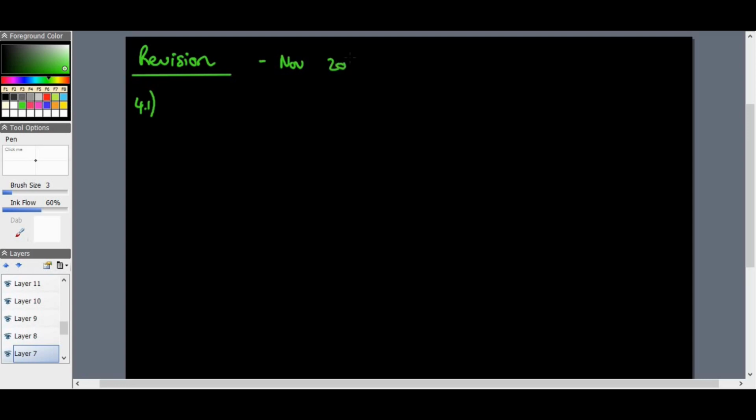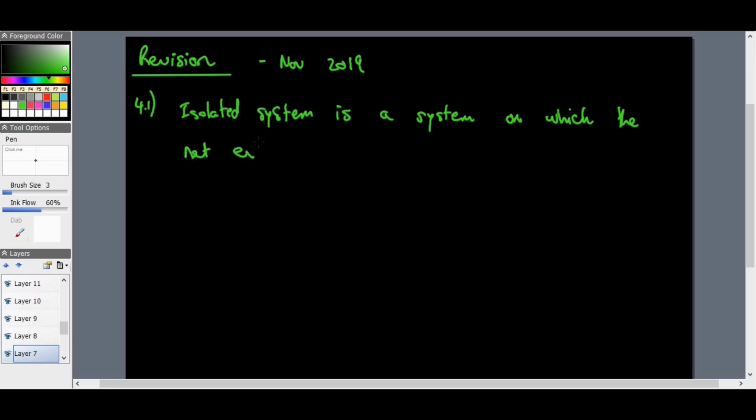November 2019. If we have an isolated system in physics, it is a system on which either you can use the word resultant force or net external force, the resultant external or net external force is 0.